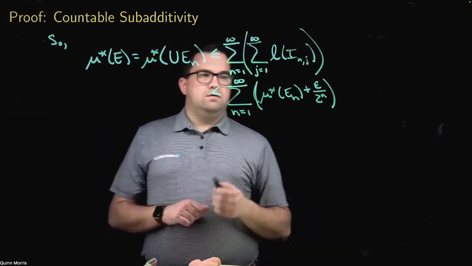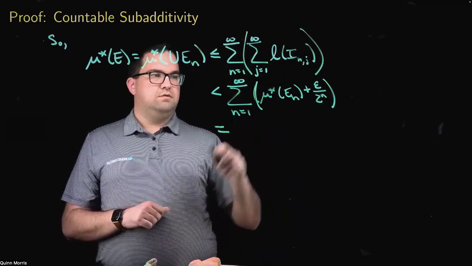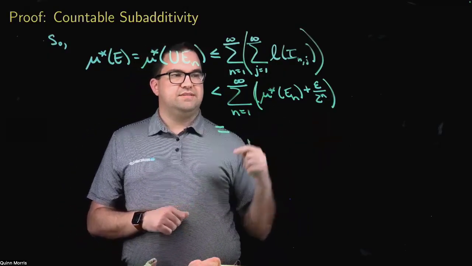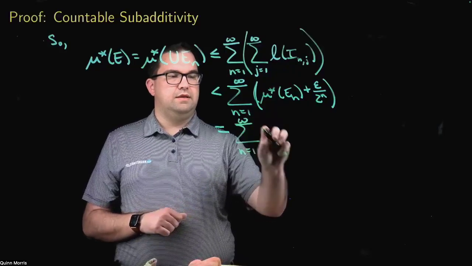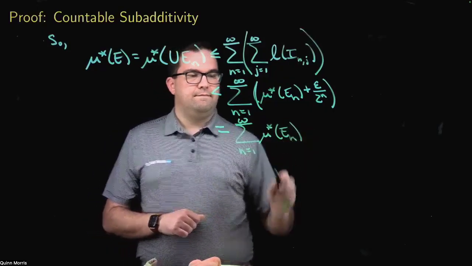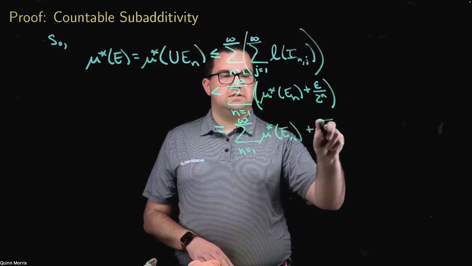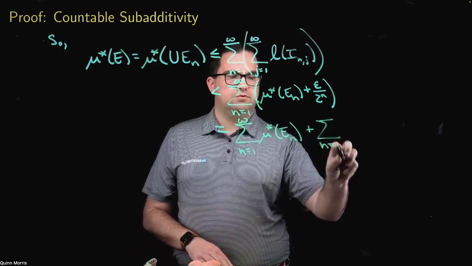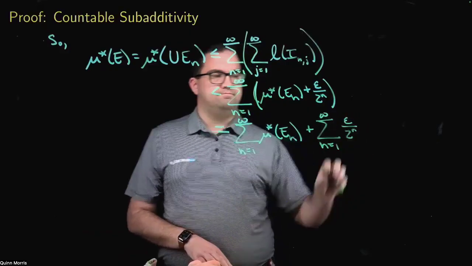But now, if I break up this sum, that would give me the sum n equals 1 to infinity of mu star of E_n plus the sum n equals 1 to infinity of epsilon over 2 to the n.